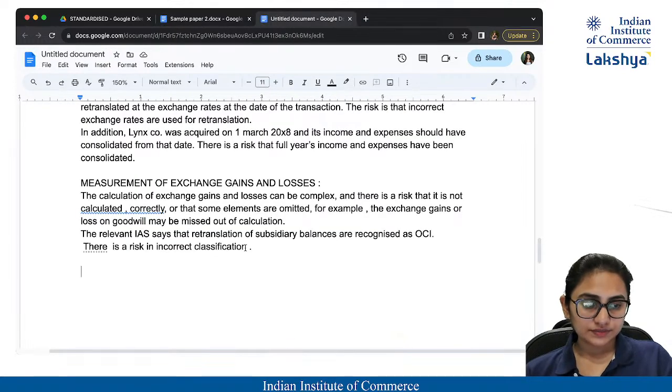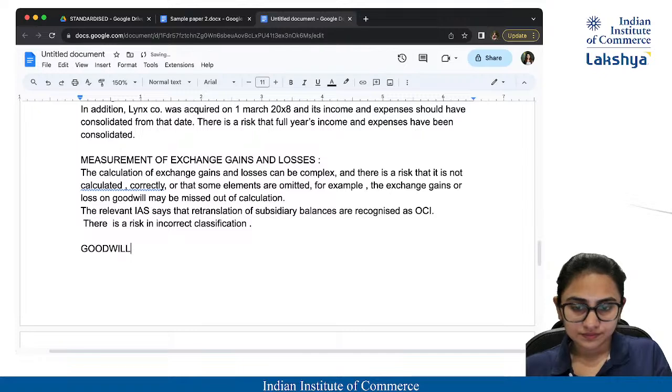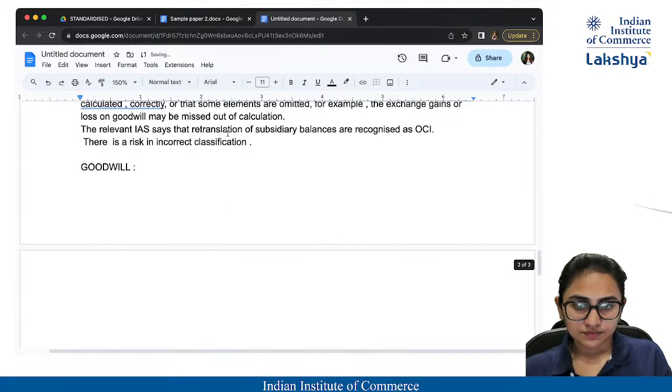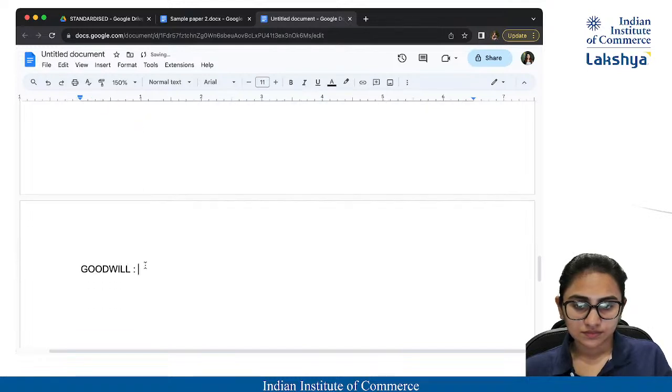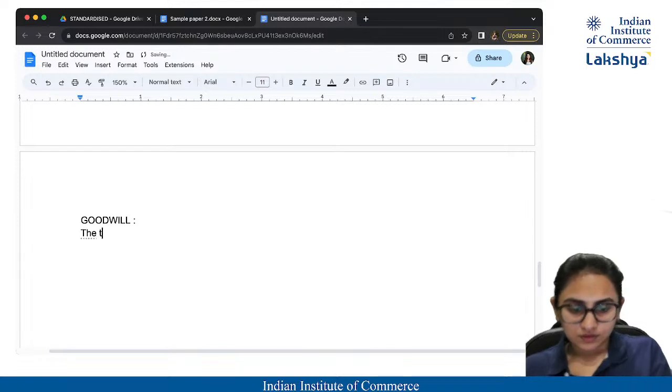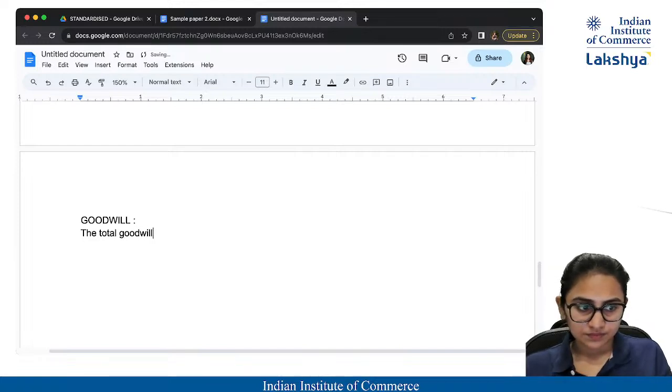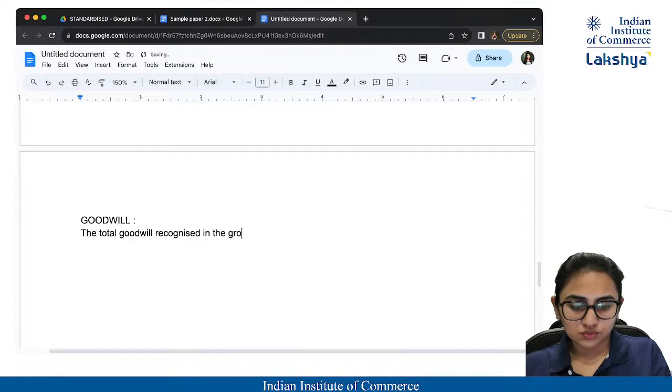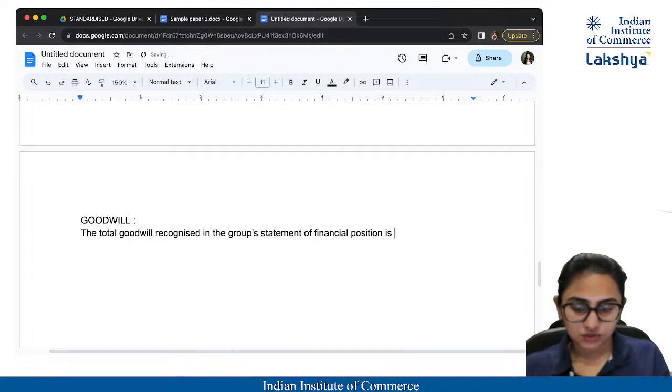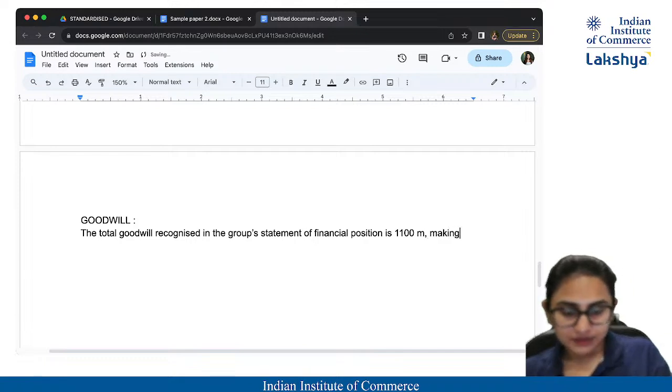So regarding goodwill, what can you say? The total goodwill recognized in the group's statement of financial position for this year, as we just saw, is 1,100 million, making it highly material.